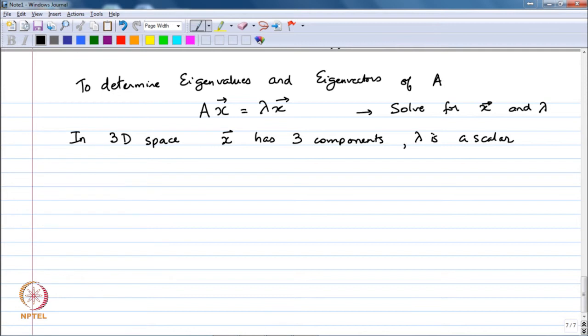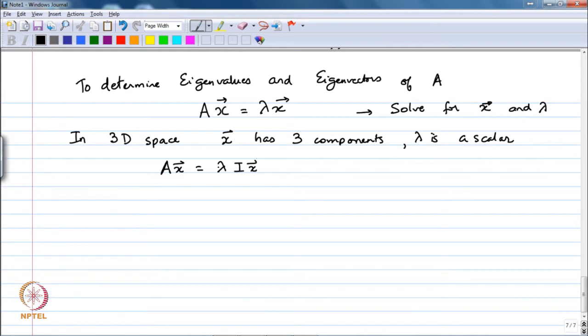So basically of these 3 components we can only determine 2 independently, and 1 can be chosen independently. Let's just try to work this out. How will you go about doing this? So now A x equal to lambda x. What we will do is write this as A x equal to lambda times I x, where I is the identity matrix.